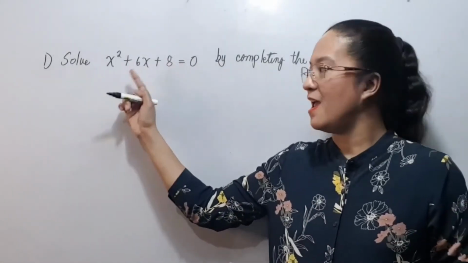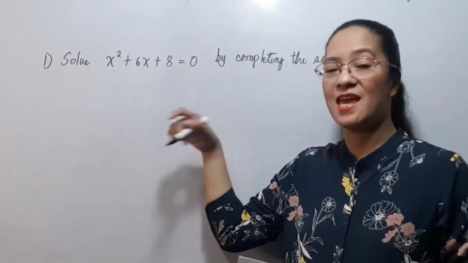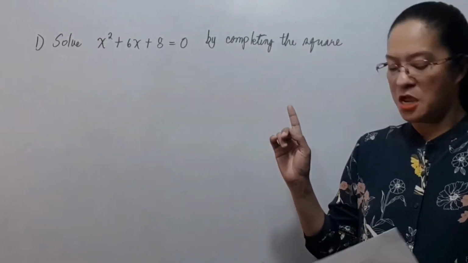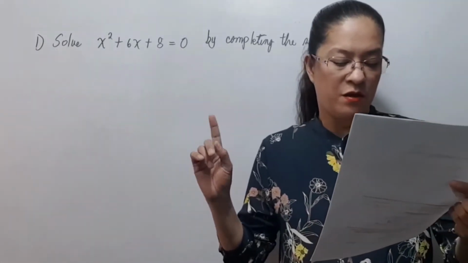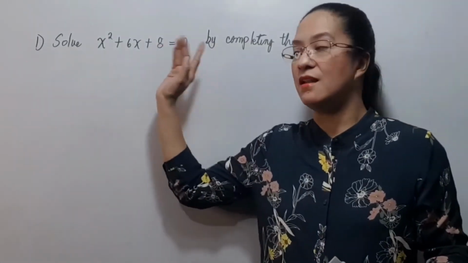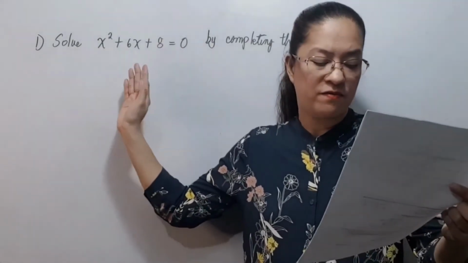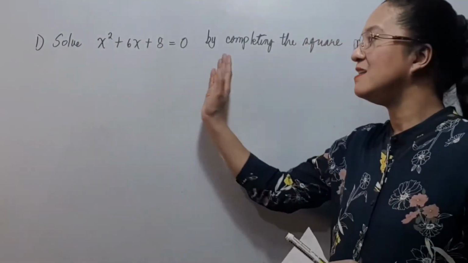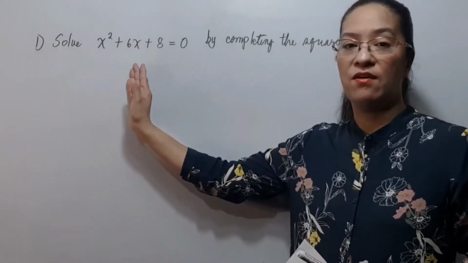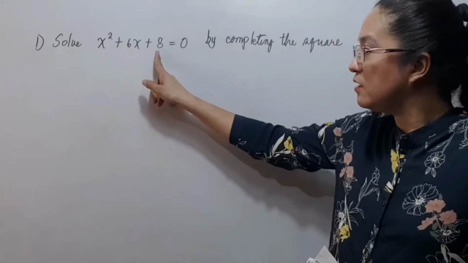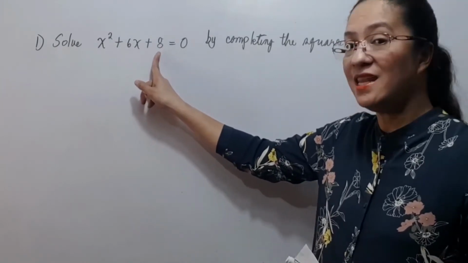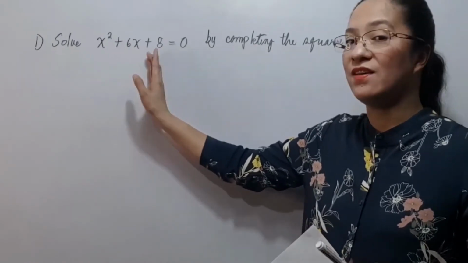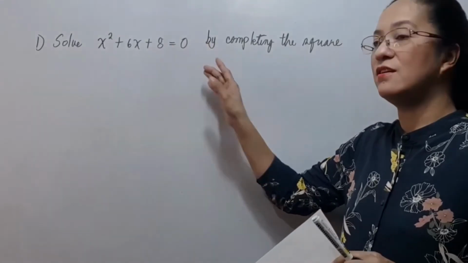So number 1, x squared plus 6x plus 8 equals 0. Okay, so meron niyang steps. So first step, ang sabi, you are going to make the left side free of the constant term. Okay, in short, aalisin mo yung constant term dito sa left side. So to remove the constant term on the left side, using APE, you are going to add negative 8 to the left and the same with the right side.